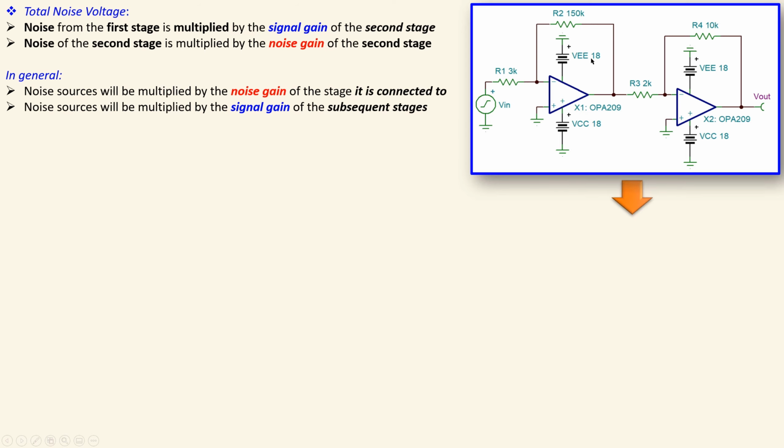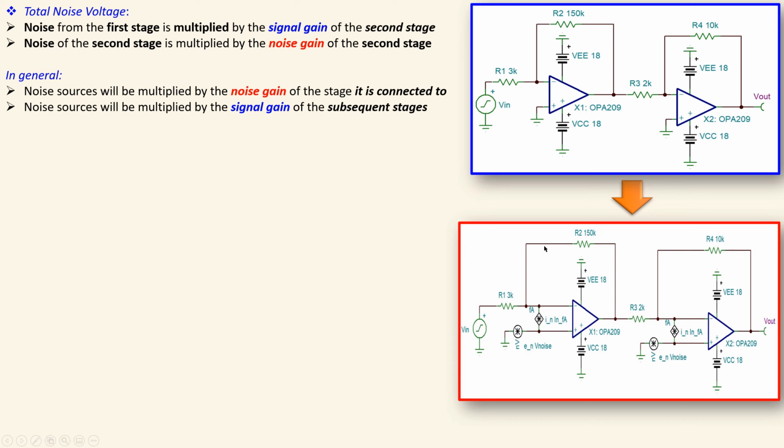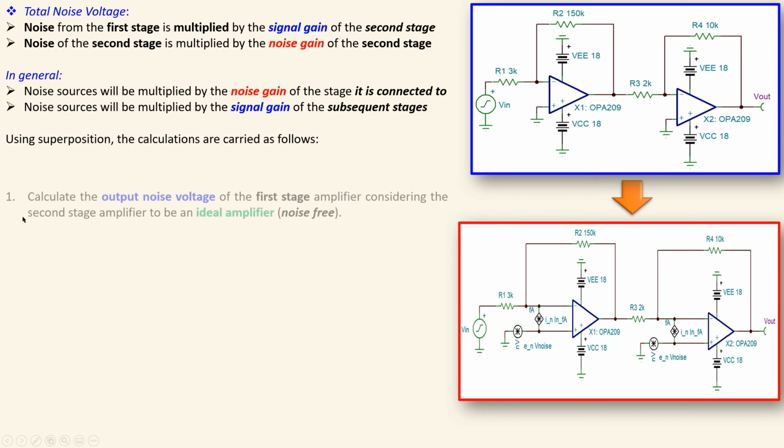So if I now move from this to this, which is of course the model where we see the current and the noise voltage sources for each op-amp, and also of course R1, R2, R3 and R4, then we can use superposition to calculate the actual noise performance. The calculation using superposition is carried out using the following steps.